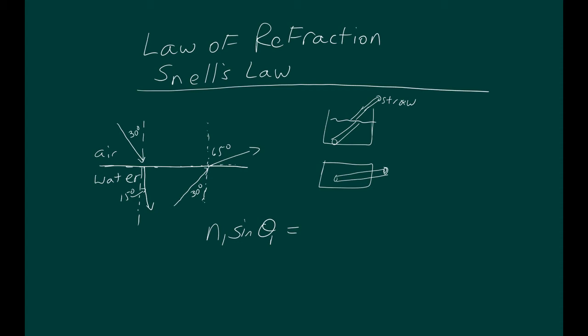For example, if this was air, you would say N for air, or sine of angle of air, equals N2 times the sine of angle 2, the second substance and the change in the angle as it moves into the second substance, whether that might be water or something like that. N's are the index of refraction. And the theta is the angle measured from the normal.